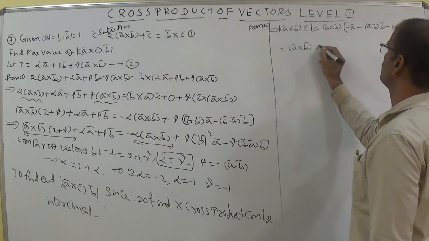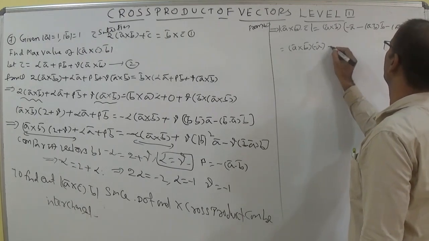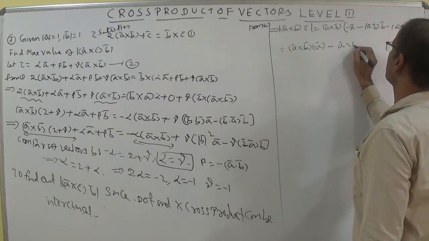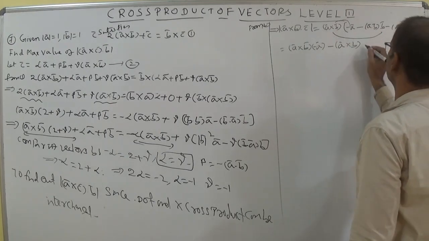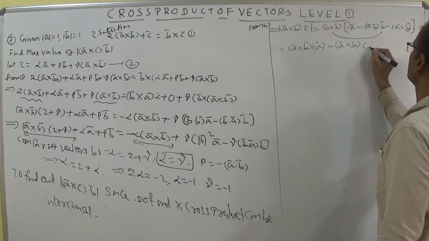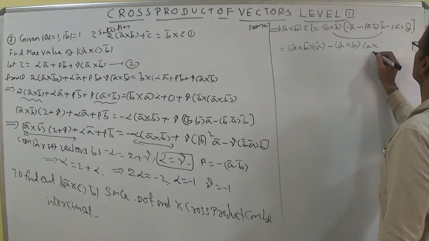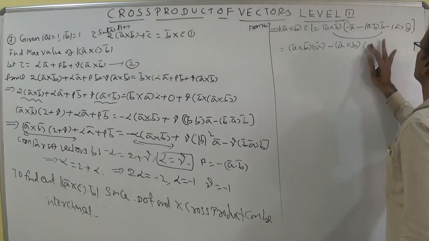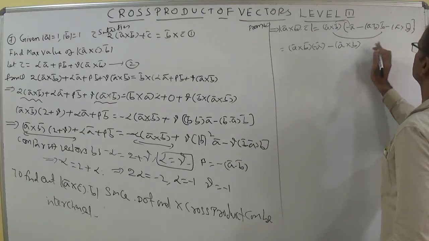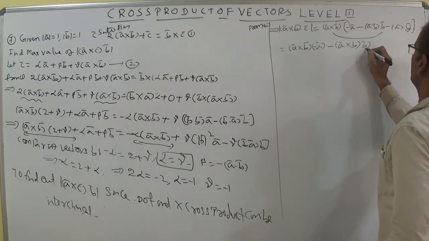Minus, you can write here A cross B into, multiply like this and multiply like this. A cross B into A dot B into B bar. A cross B into A cross B cross B. A cross B into dot B. Okay, very good.